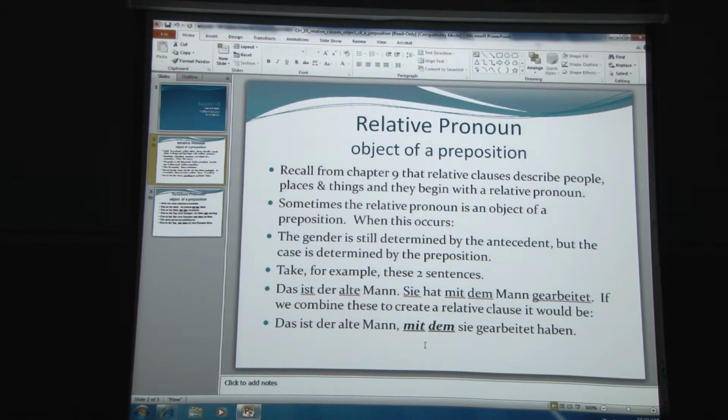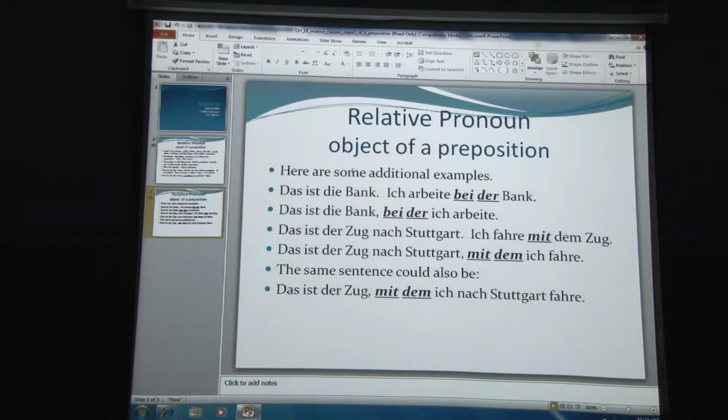So it's a little easier when you have a preposition because you can just look at it. Is it accusative? Is it dative? And then pick the right case. Otherwise, it's a little more complicated, and you can refer to our lecture that we had for Chapter 9 to go back to that.